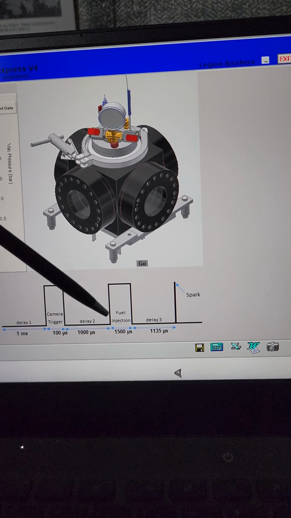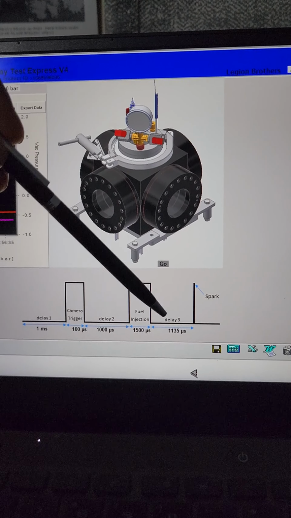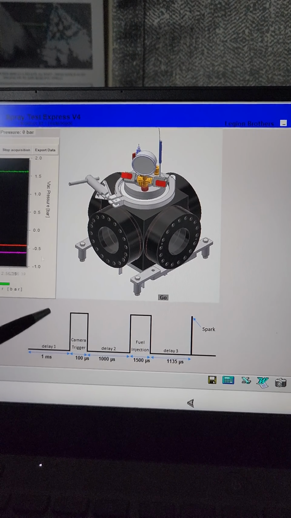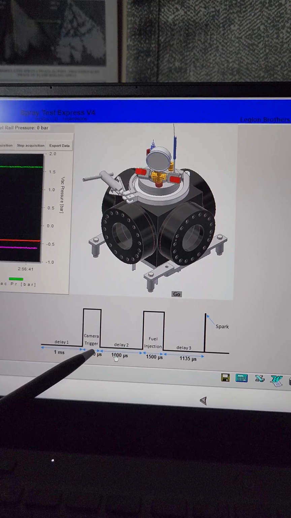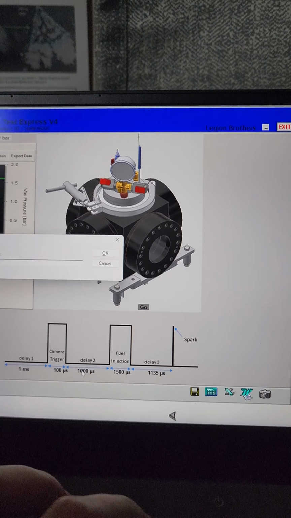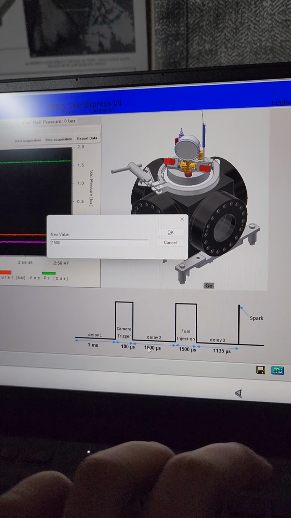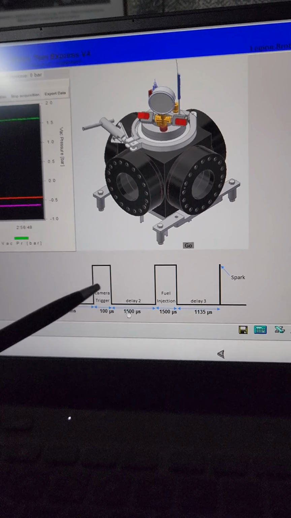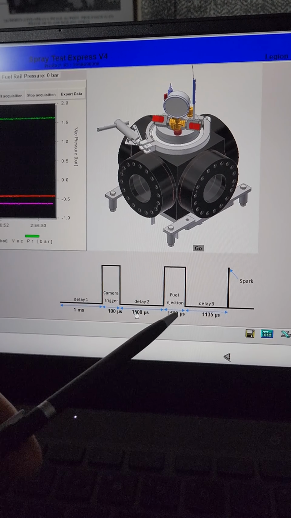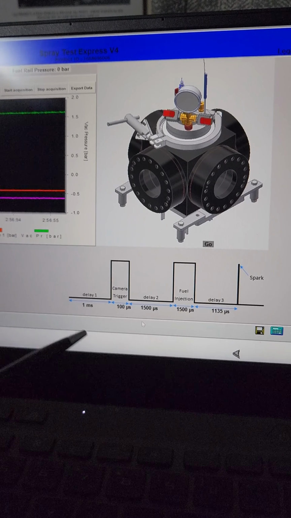All these things can be changed from this input. This is used to change the spray instant, at what instant we have to capture. We want to capture the spray, like 1500 microseconds after start of injection, and at what instant we have to perform the combustion.